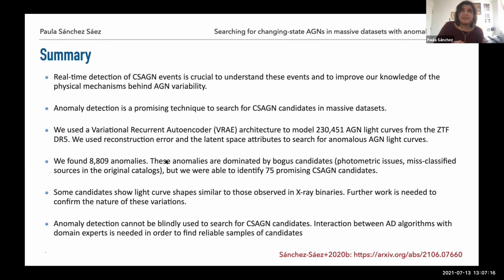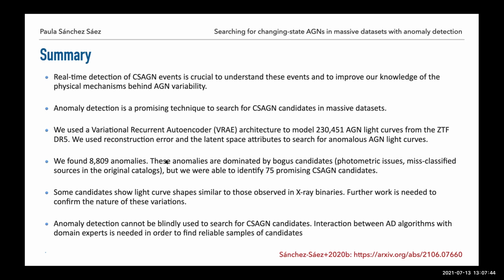So for the case of the latent space, it's like using, for instance, features and selecting sources that have very particular features with respect to the rest of the population. So at the end, you have your normal distribution that is dominated by regular quasars, so it's everything that has light curve shapes that are consistently different from regular quasars. Okay, thanks.